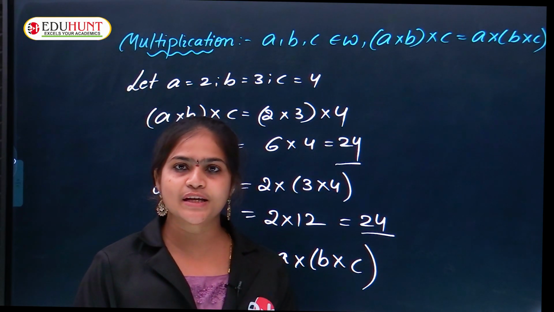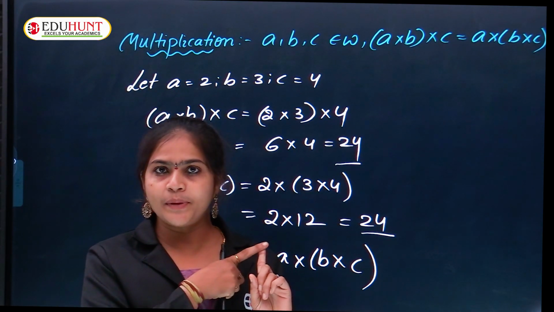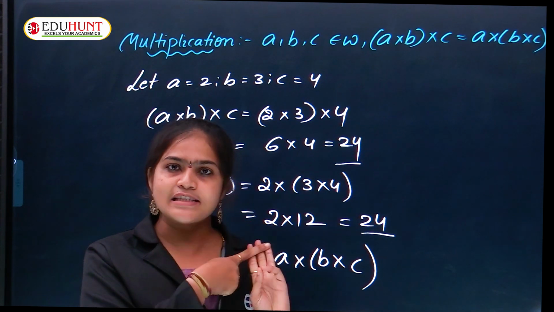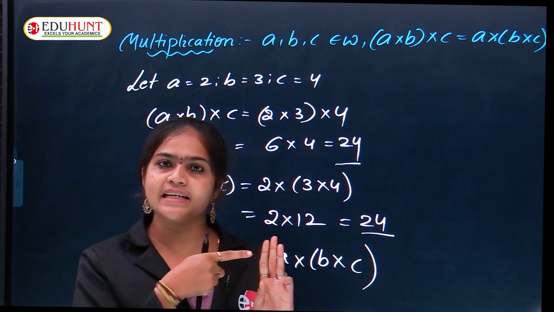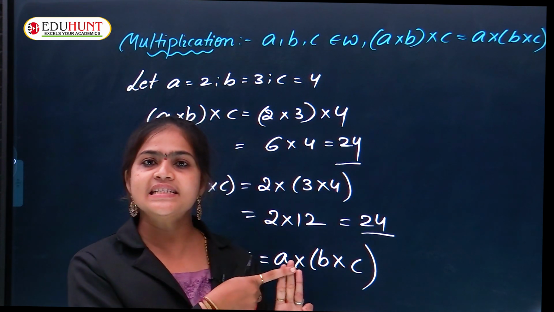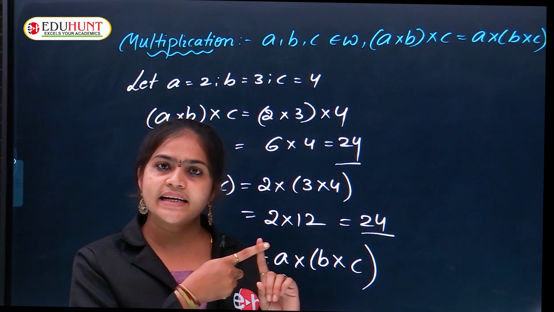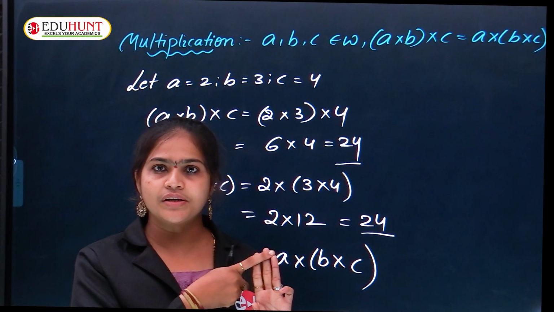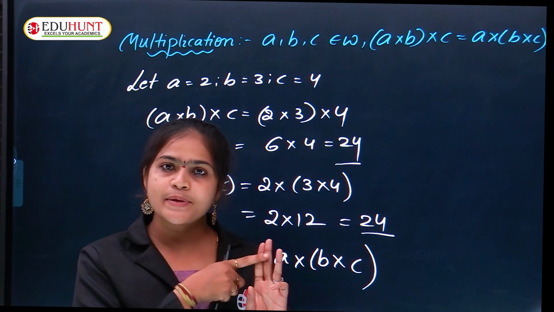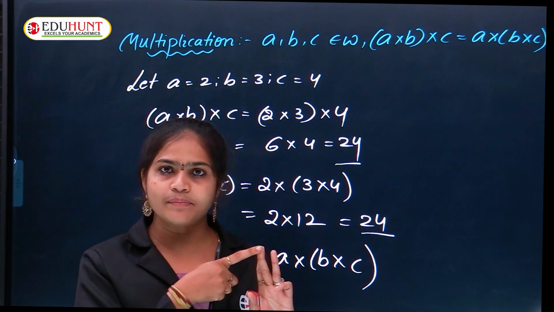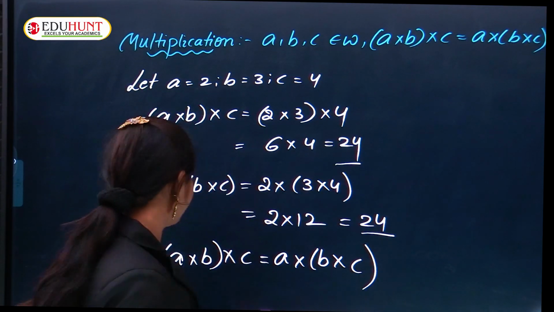Children, here we can observe one thing. For the closure property, commutative property, and associative property, these three properties are satisfied only under addition and multiplication, and not satisfied under subtraction and division. Here also once check division.